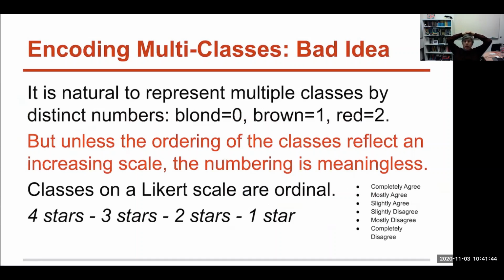So how can we use the ideas that we have so far to deal with classification in multiple classes? Now, in any of the homeworks or projects, did you guys have a multi-class classification problem?